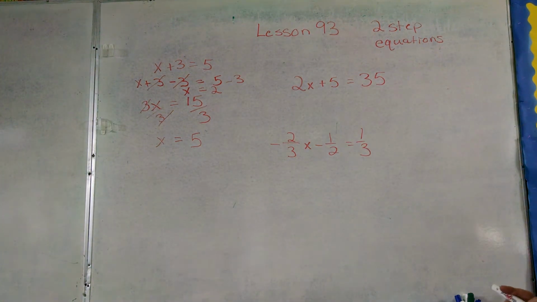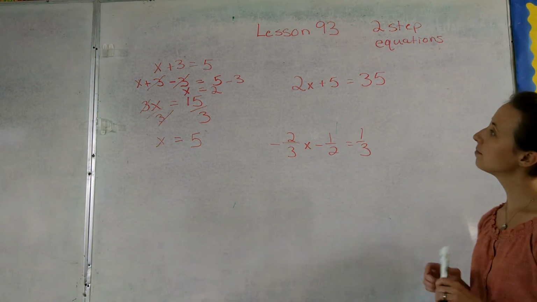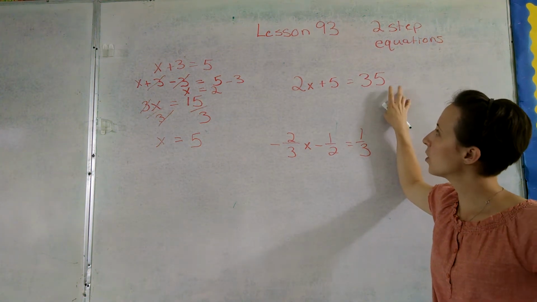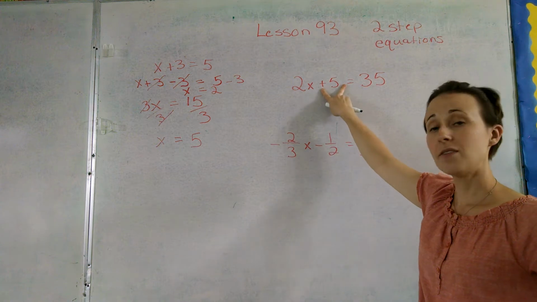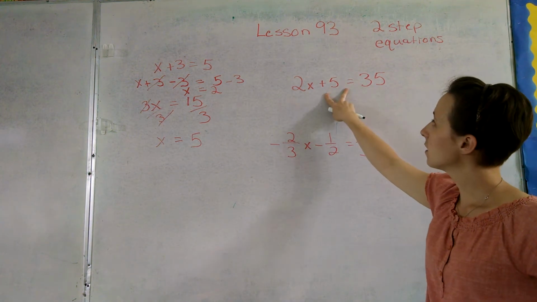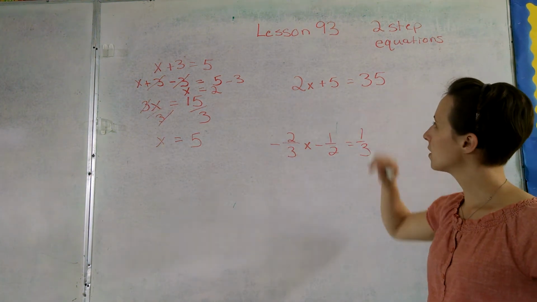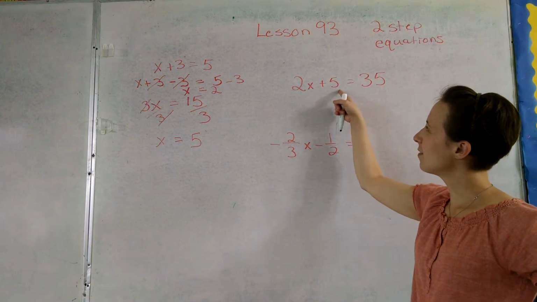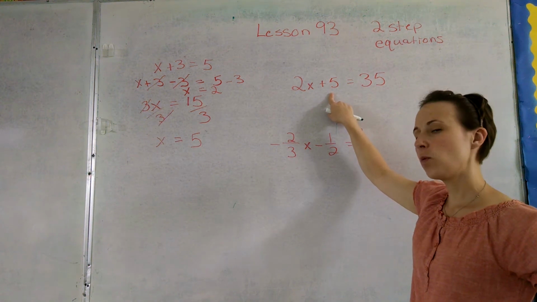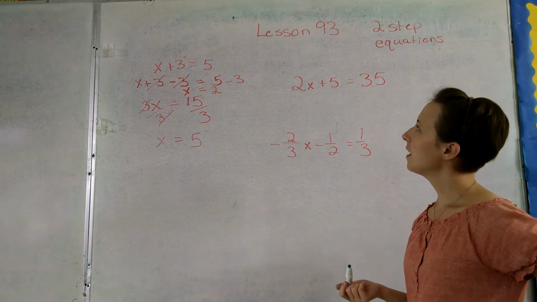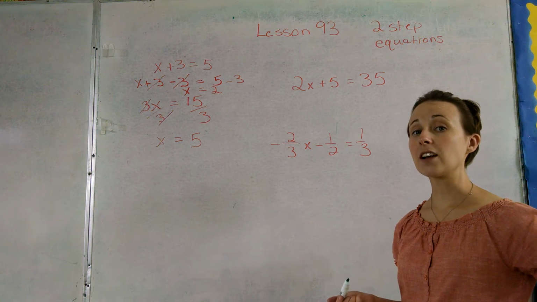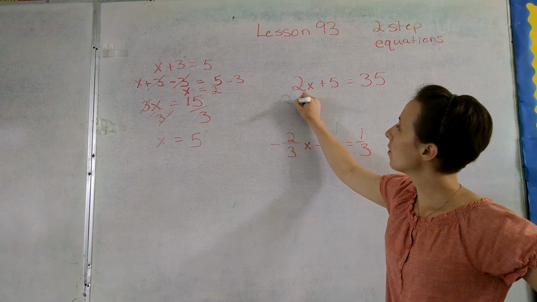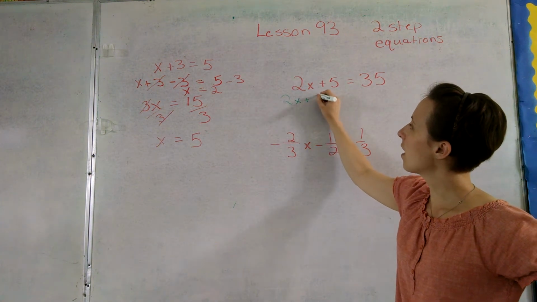I have 2x plus 5 equals 35. What to do first? Should I subtract the 5 from both sides, or should I divide by the 2 on both sides? If I divide by 2 here, I'll have to divide here also, and that'll give me a weird fraction. I think the best thing to do is the addition and subtraction first. 2x, rewrite all of your problems, don't just write them aside, plus 5.